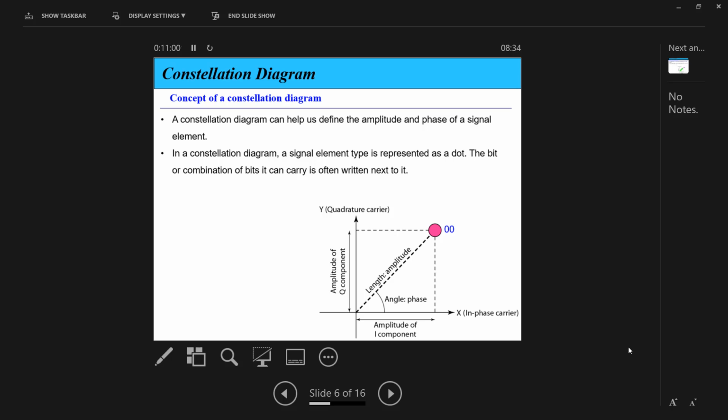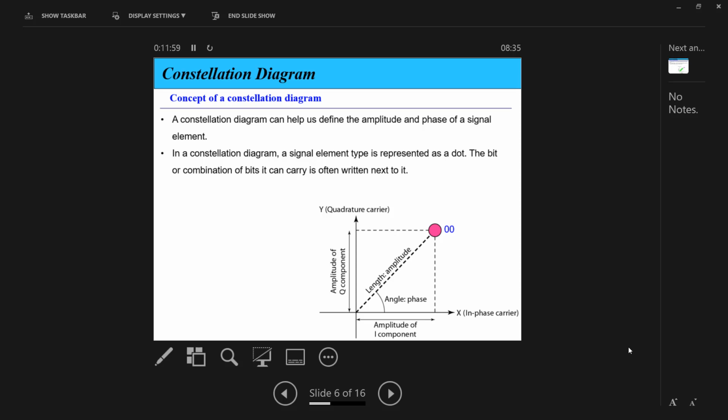So if I need to draw QPSK now, I will have an in-phase component and a quadrature component, and we have four values. What were the phases? 45, 135, and minus 135, and the fourth phase, minus 45. What about the amplitude? Do we change the amplitude? No, all of them have the same amplitude. So it is 00, 01, 10, 11, all on a circle.